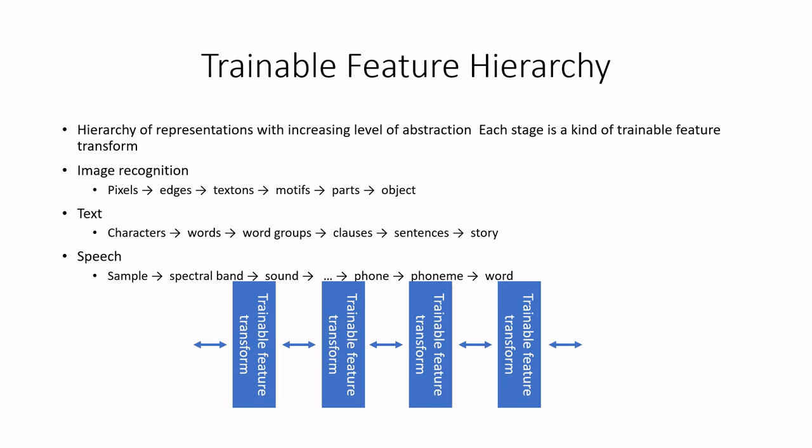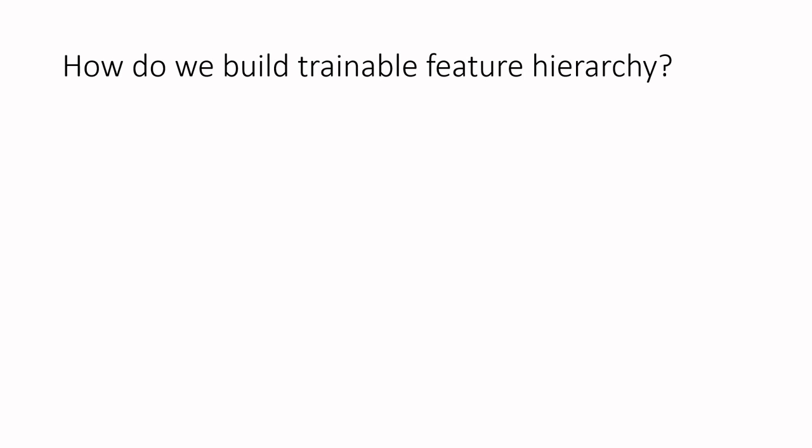So if you look at the kind of scheme, we want a series of trainable feature transforms that can be learned. And if you look at this picture, you can see that the arrows are going back and forth. So how do we build a trainable feature hierarchy?